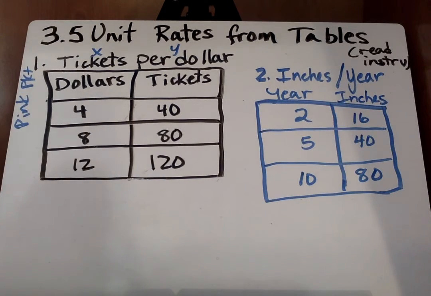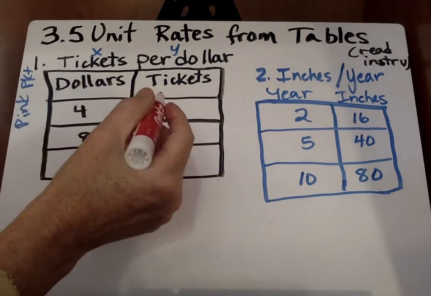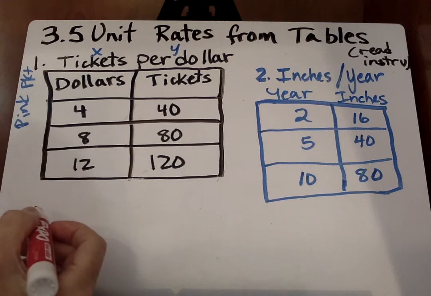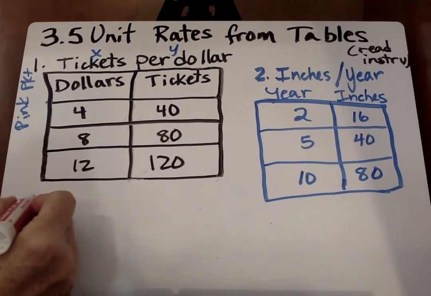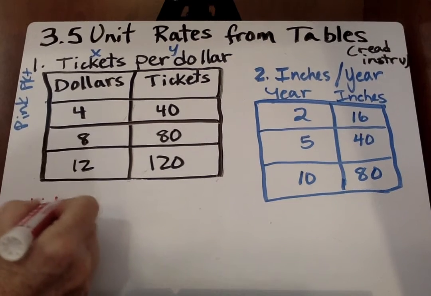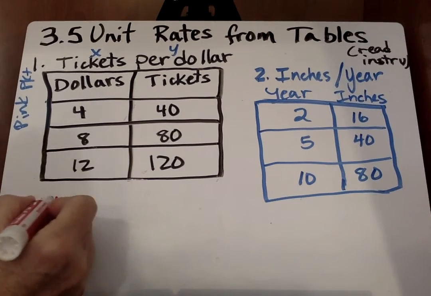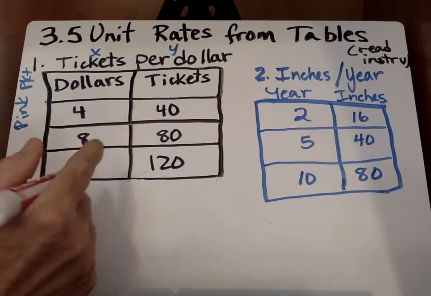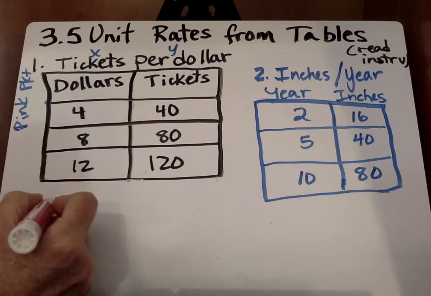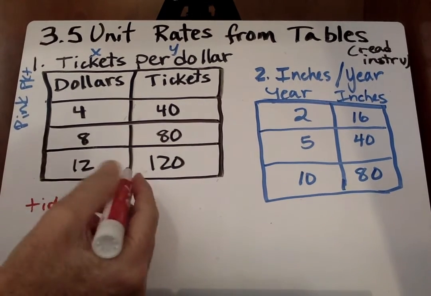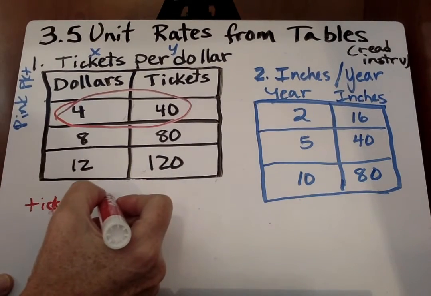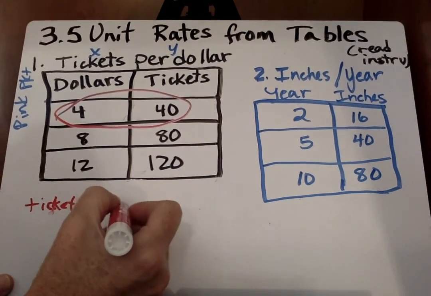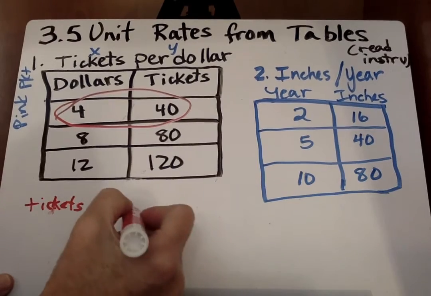Okay, so we have tickets per dollar. That would be our word fraction, tickets per dollar. And I'm going to use the first one and just say 40 over 4.